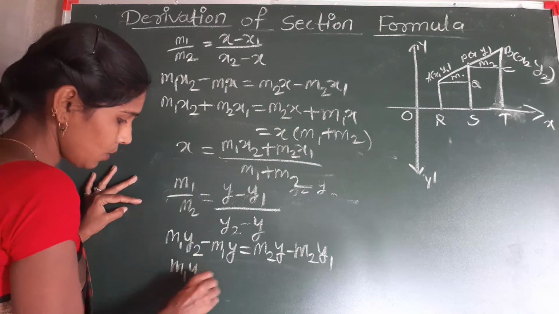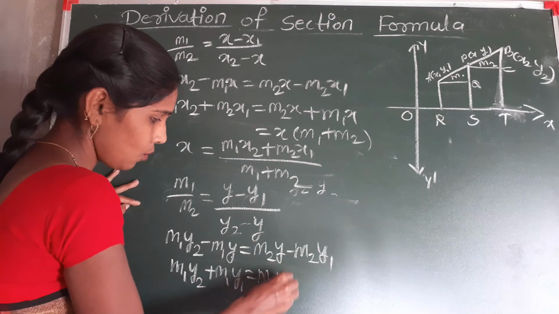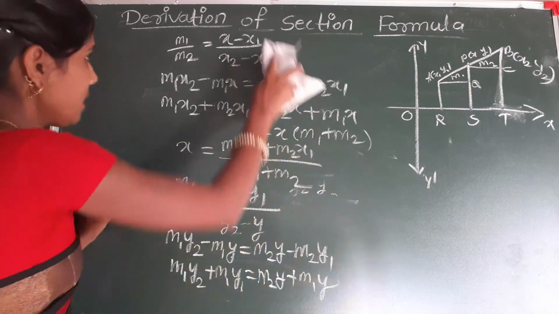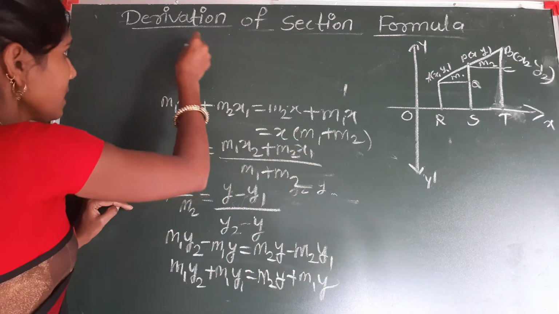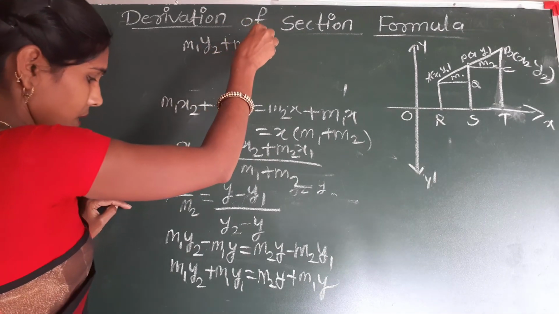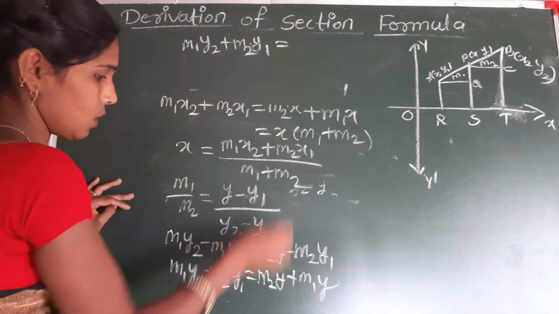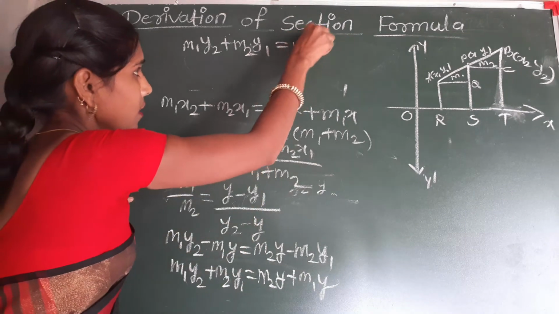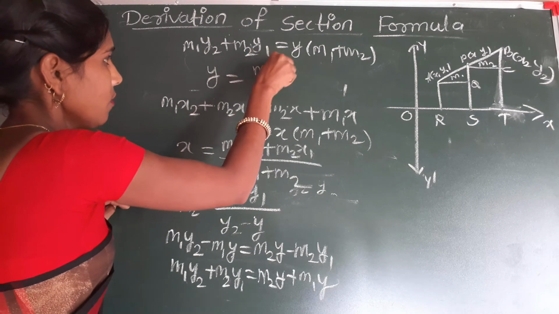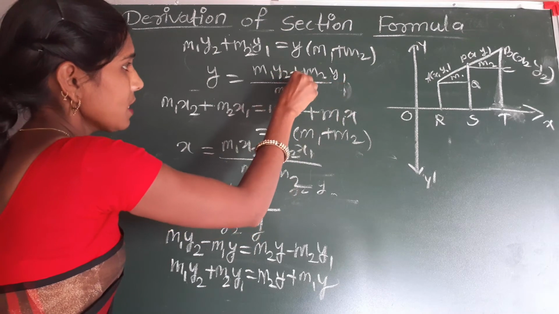Same, y1 y2 terms one side, and y terms one side: m1y2 plus m2y1 is equal to m2y plus m1y. y is common here, m1 plus m2. So y is equal to (m1y2 plus m2y1) divided by (m1 plus m2).